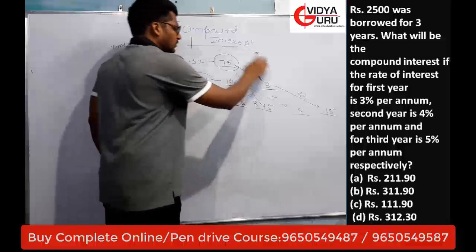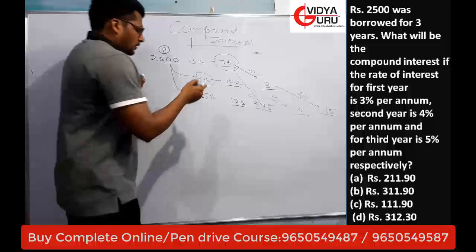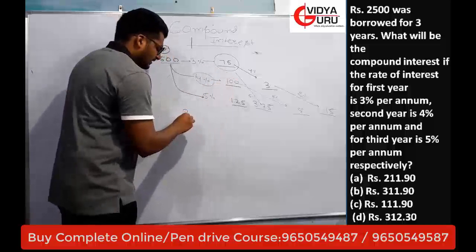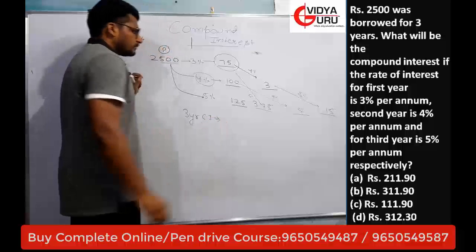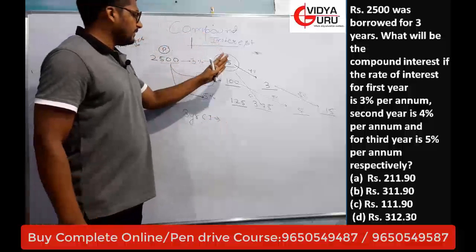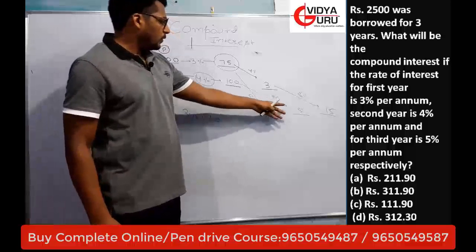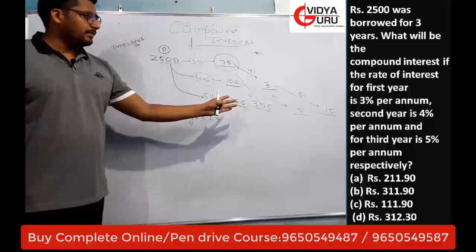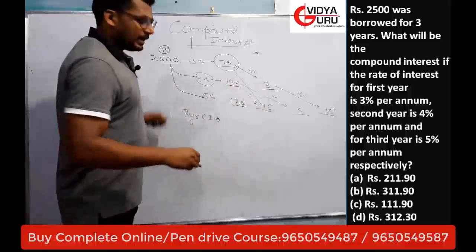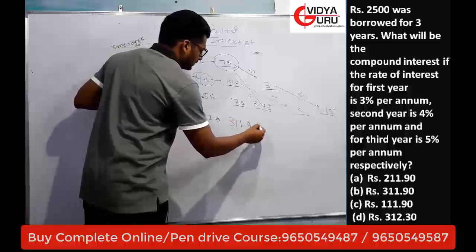We can sum up all these, then find the 5%. It will be the same thing. So what is the 3-year CI? If I add this 75, 175, 300, it will be 311.75, and it will be 311.90 rupees.